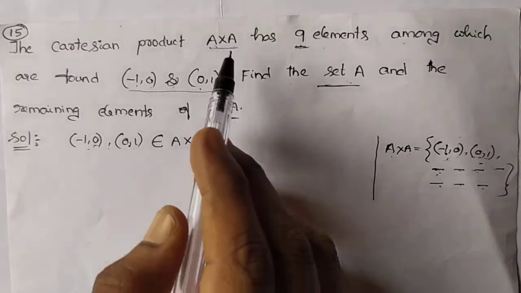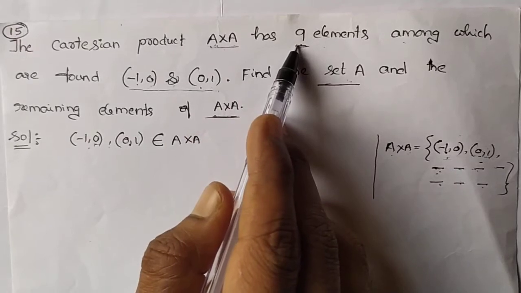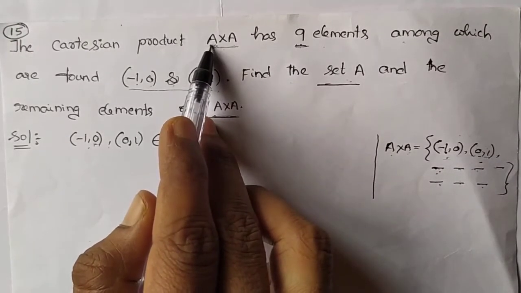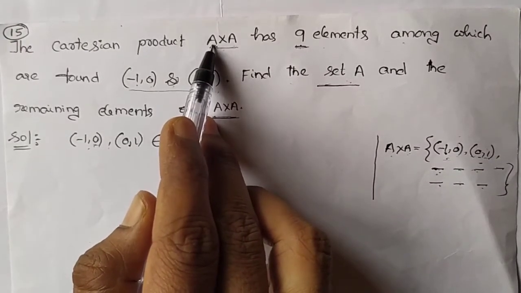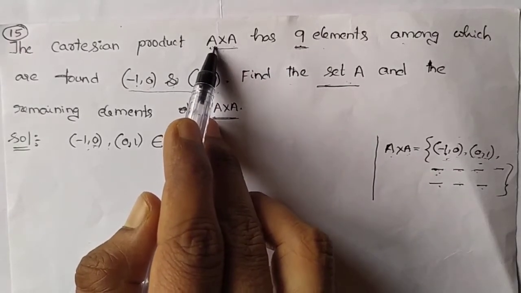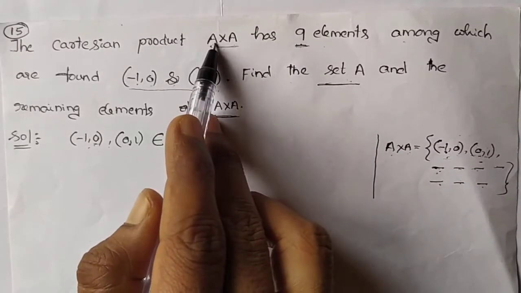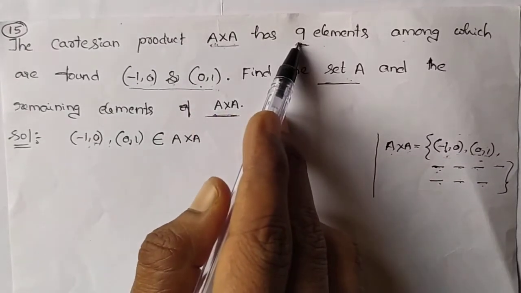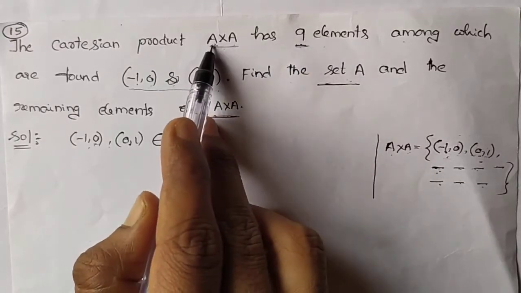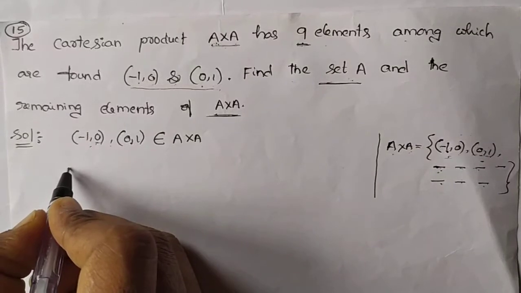Here the number of elements in A cross A is 9, so the number of elements in the set A is 3 only, because 3 into 3 is 9.